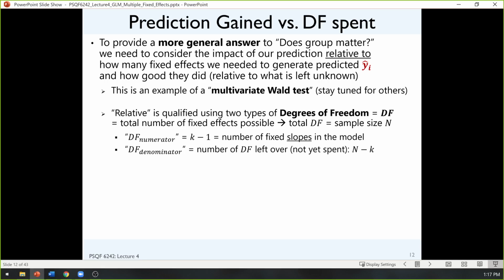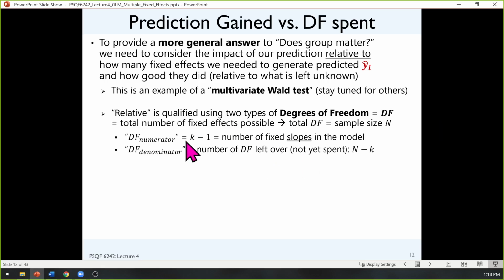You're going to get to do that on your homework. If I had a 5-category variable, how many slopes would it take to distinguish? 4 of them. Yep. And it's always one less than the number of categories because you already have the fixed intercept that directly gives you the mean for the other one. So it's always the number of groups minus 1 is the number of slopes it takes.